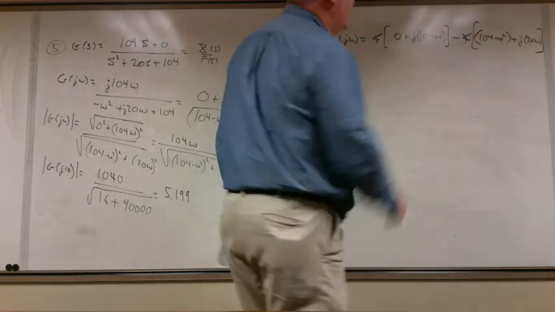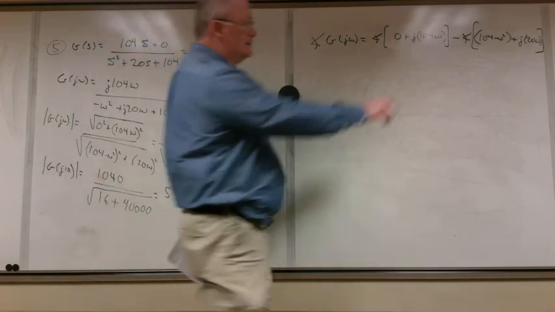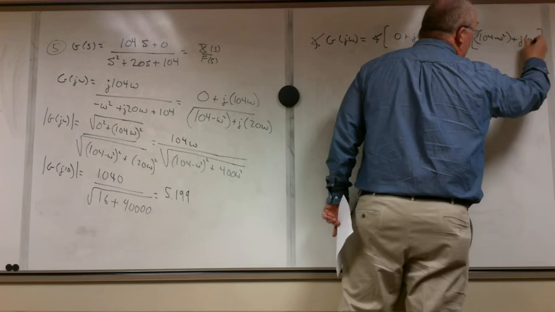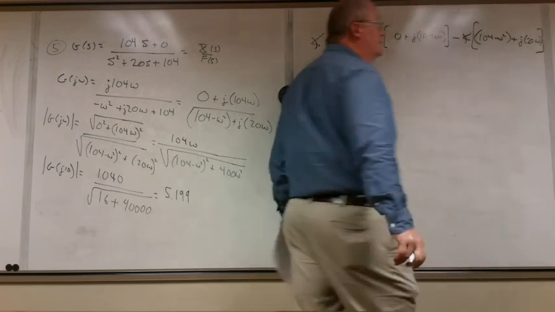Again, that's the phase angle of the system. This set of squiggles looks like ω times ω, but that was supposed to be 20 times ω.